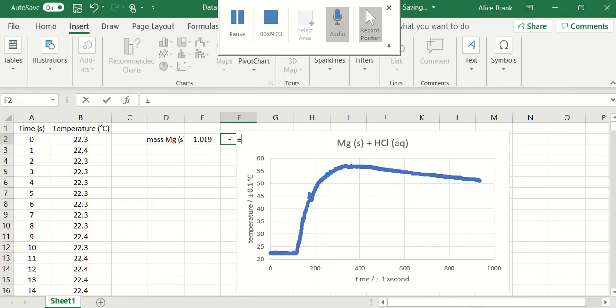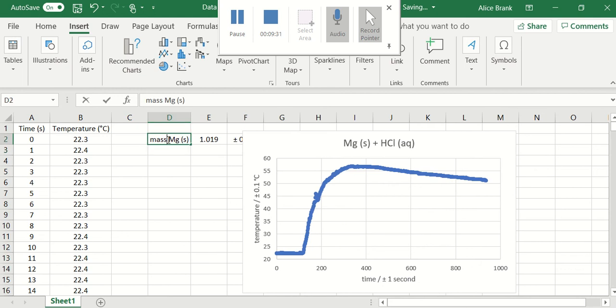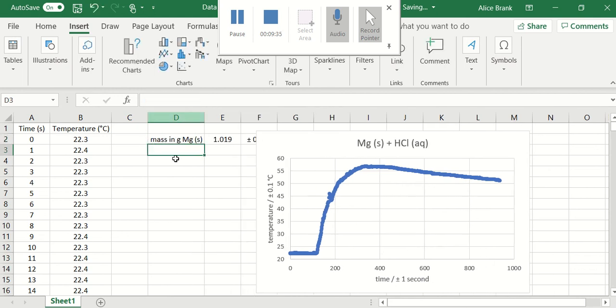I like using Excel to do my math for me. Okay, and then what about the volume of HCl? What was it? 100.0.